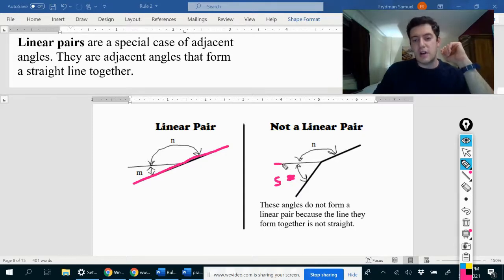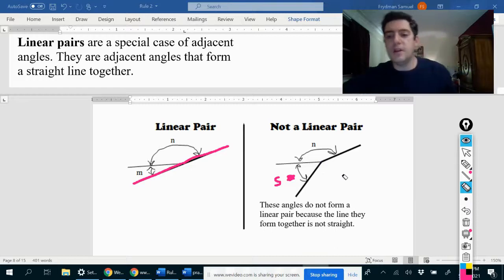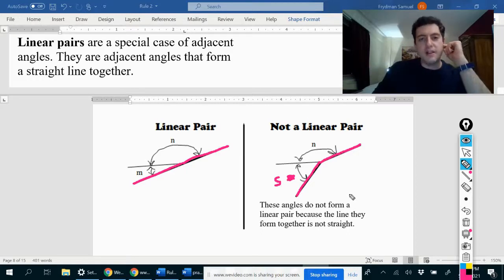They still share a common side and a common vertex, okay? But they are not a linear pair because you can see that if we shade over the outside lines for these two angles, it does not make a straight line. And if you put this angle together with this one, this is not 180 degrees. So these would not be a linear pair.